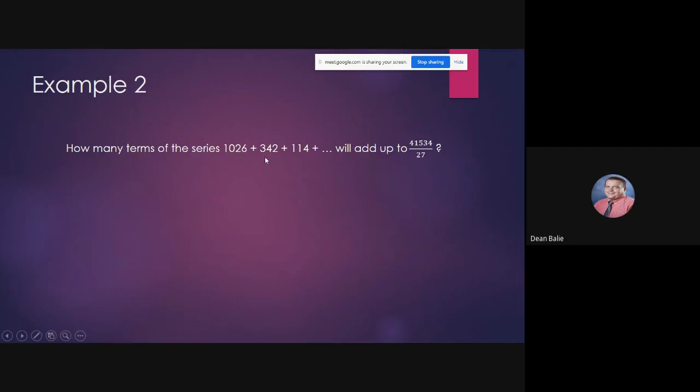Which now means that my constant ratio is going to be a fraction between 0 and 1. So remember, to work out R, we divide two consecutive terms. So we're going to take 342 and divide it by 1026. 342 divided by 1026, we get 1/3 as our constant ratio.